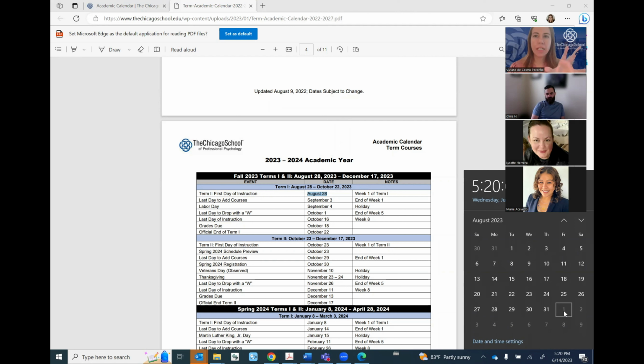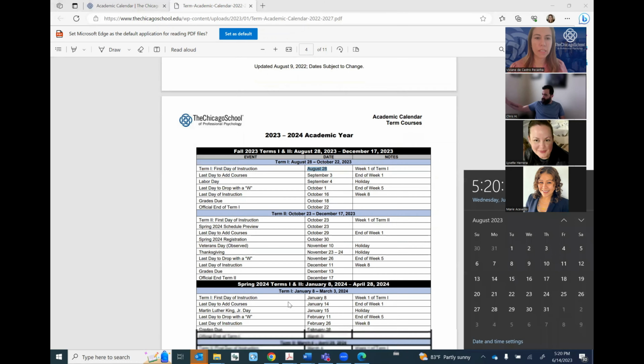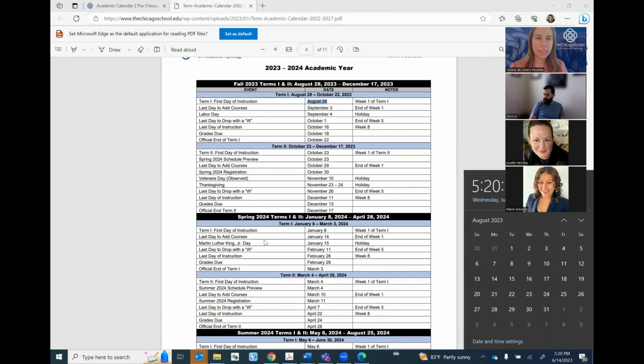I am taking fall 1 as an example, but this is the way it is for all the other terms as well. So for instance, if you're taking spring 1 term, the first day for the term is January 8th.